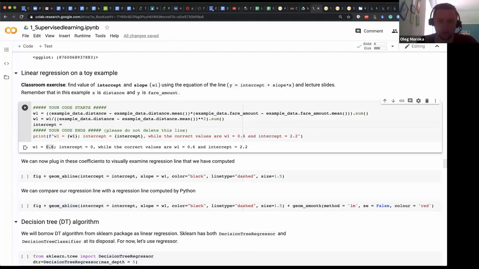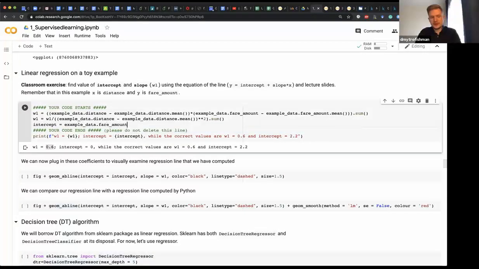So example data fair amount mean. Then fair amount mean. Then what happens afterwards?